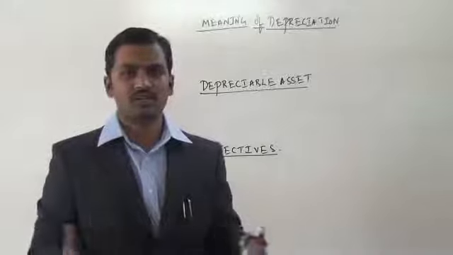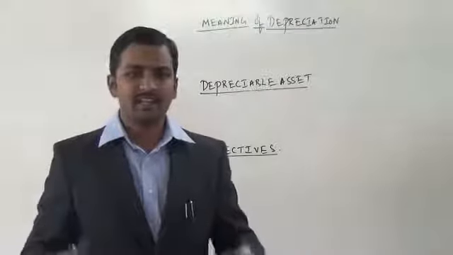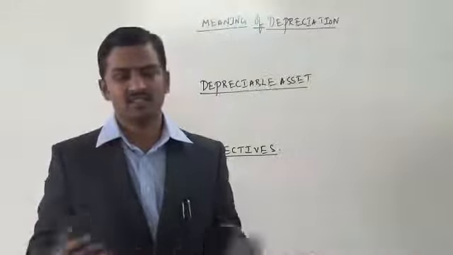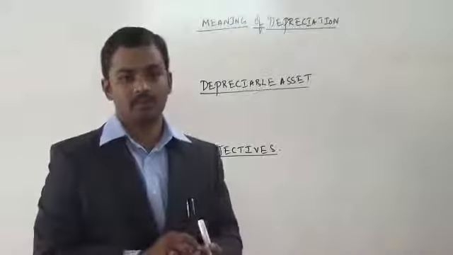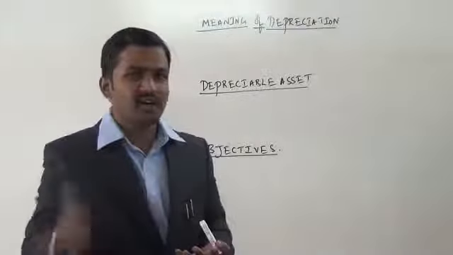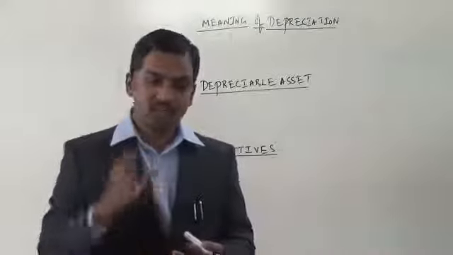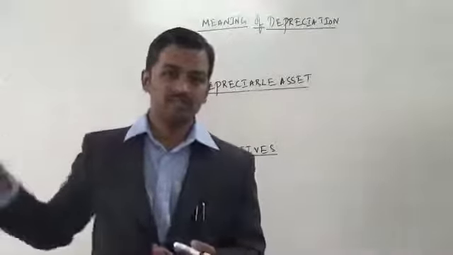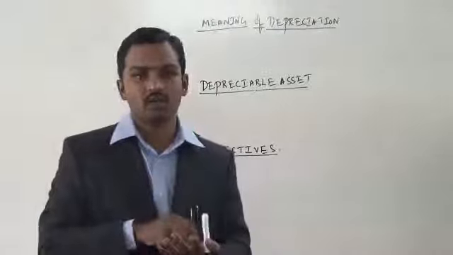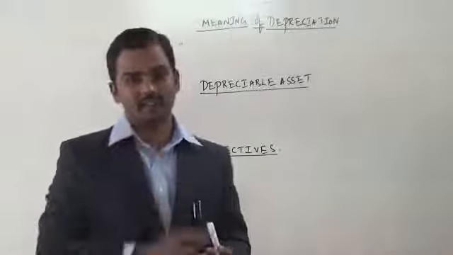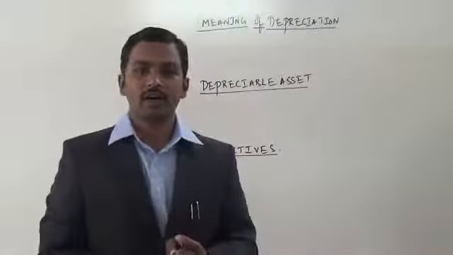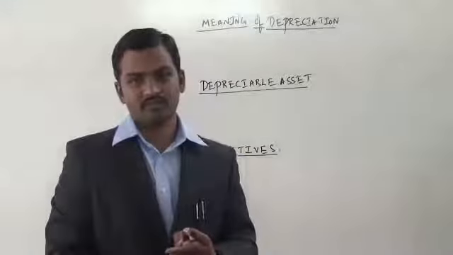It's also a cost, it's also an item of expenditure like electricity, like rent, salaries, wages, etc. It does not involve outflow of cash, but still there is some loss in value of the asset, and that loss also has to be included in the cost to arrive at the correct profit. So first objective is to arrive at the correct profits.